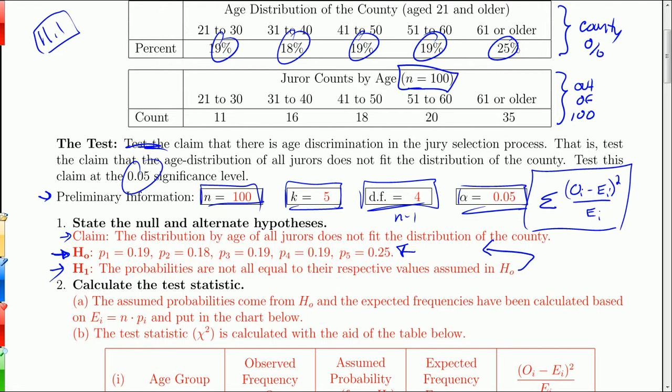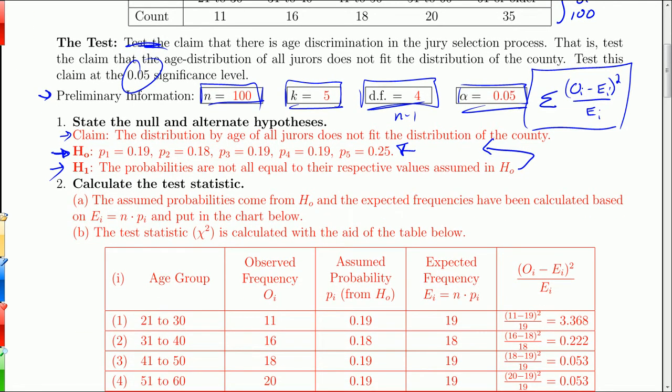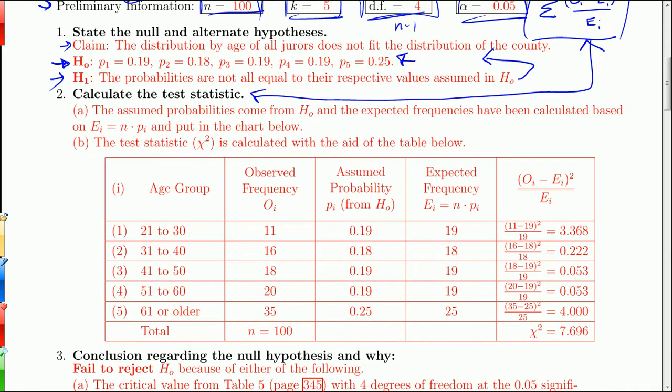Okay, so we're going to calculate the test statistic, which again is right here. In this chapter we were able to do this with a single table, which was nice. We look at our different age categories.